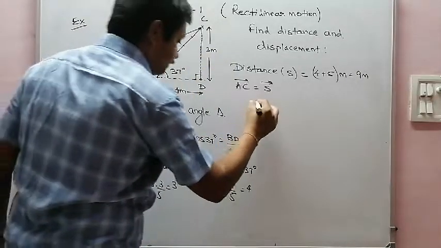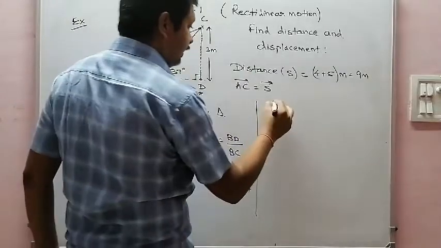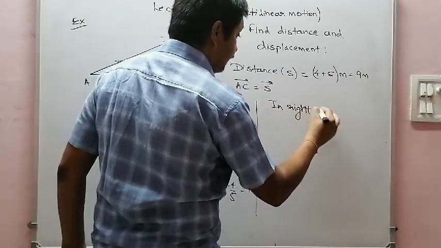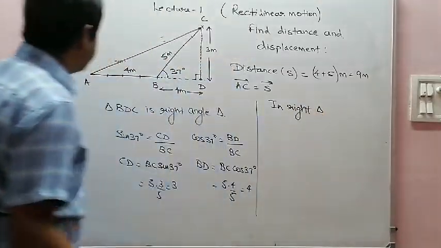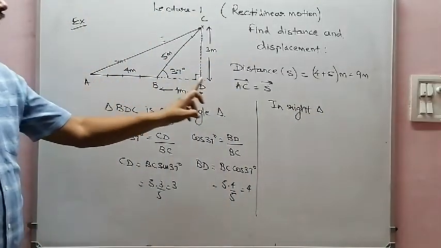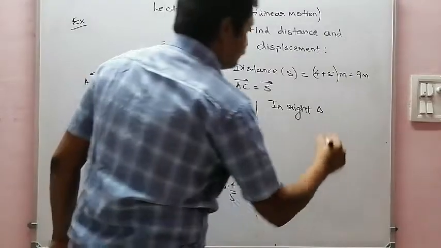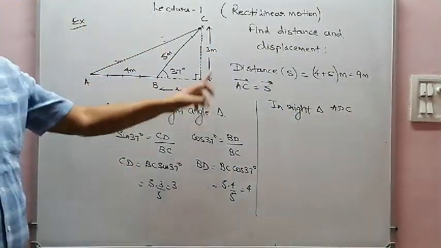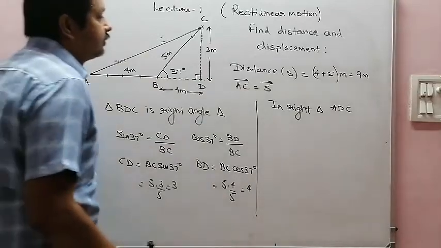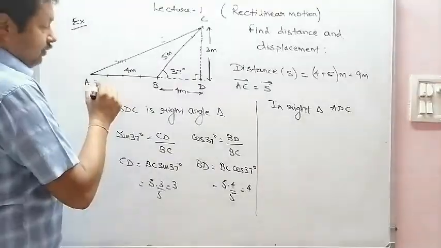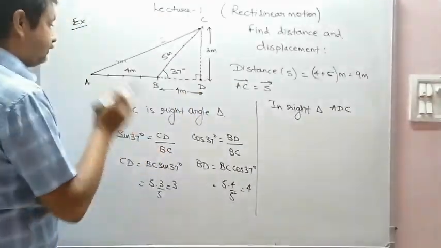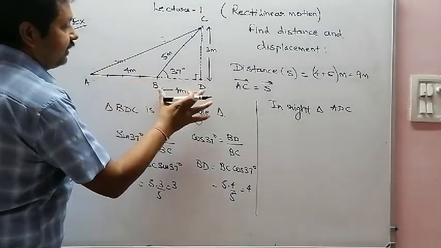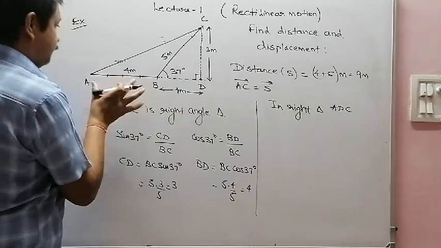Now in right triangle ADC, from Pythagoras theorem, this AB was 4 meter and this BD is again 4 meter. 4 plus 4.